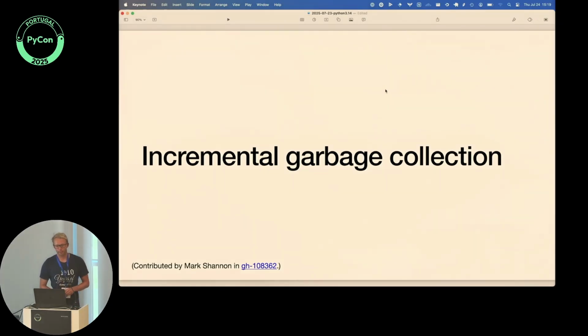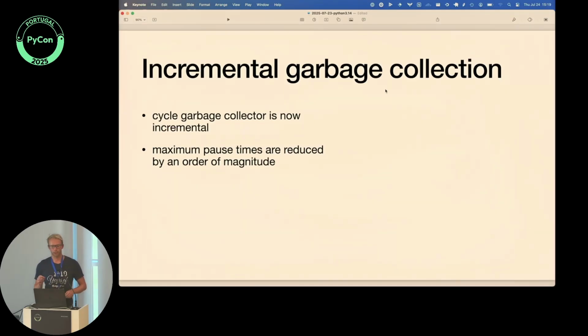And finally, there's an incremental garbage collector, which means that when Python does the cycle garbage collection, it is now incremental, and it's going to stop the world for a lot less time than before. So again, your programs should run faster without you having to do that much to make it so.